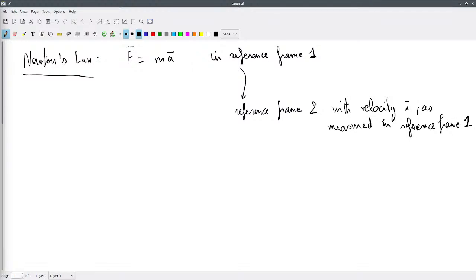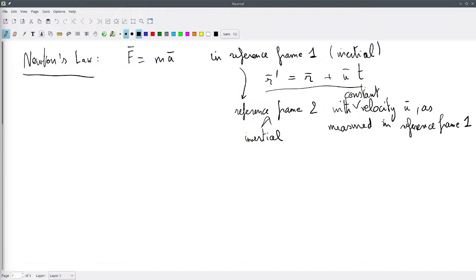So that means that any coordinates in reference frame 2 will be the coordinates in reference frame 1, sorry, without a prime, plus u times t. Importantly, this is a constant velocity, so if this is an inertial reference frame, then this remains an inertial reference frame, because I'm not accelerating to go from one reference frame to another.